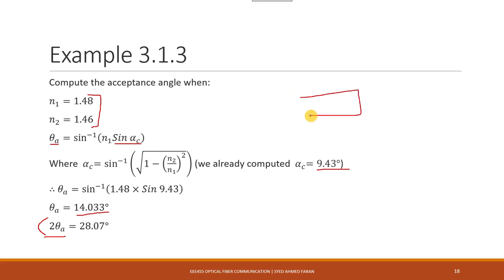So if this is the fiber optic cable and light is falling from all possible directions, then only this small portion of the light that is entering within 28.07 degrees will be accepted inside for communication. The other rays of light will be refracted out of this fiber optic cable.